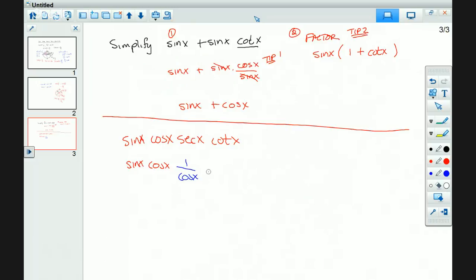And cotangent is cosine over sine. Okay, cosines cancel. I probably moved it too fast, but you're right, and the sines cancel, yes. So what's our simplified version? Cosine x. A little easier to work with, right?